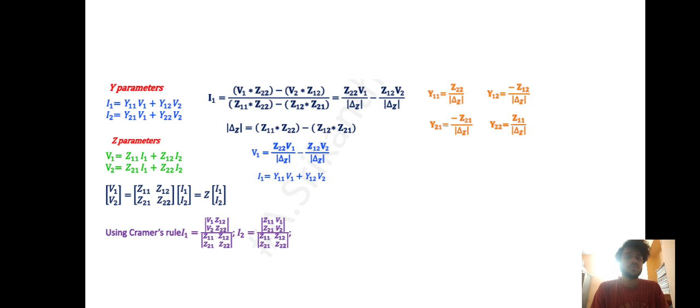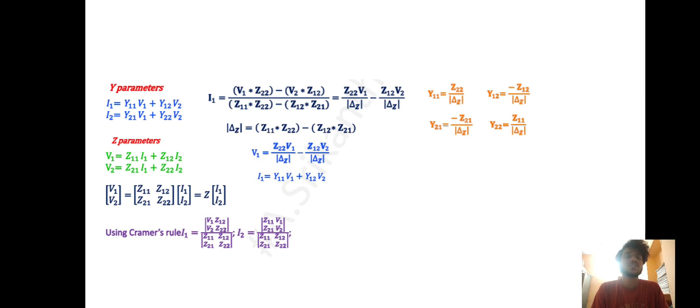Z parameters: V1 equals Z11 into I1 plus Z12 into I2. V2 equals Z21 into I1 plus Z22 into I2. The matrix V1 V2 equals Z11 Z12 Z21 Z22 into I1 I2, equals Z of I1 I2.